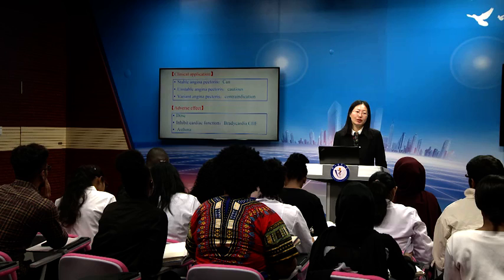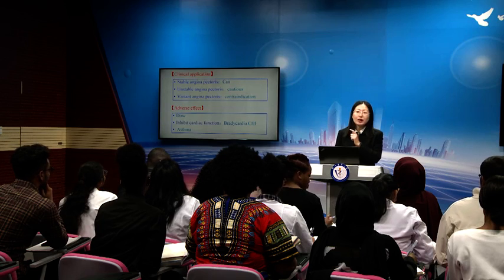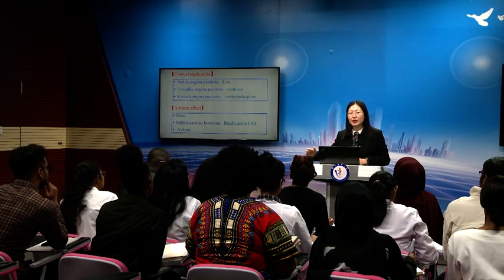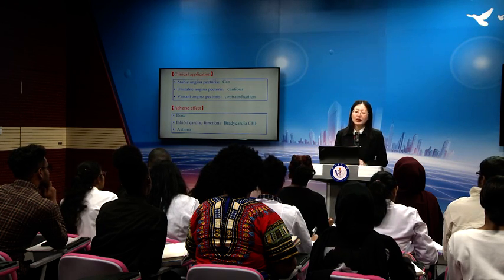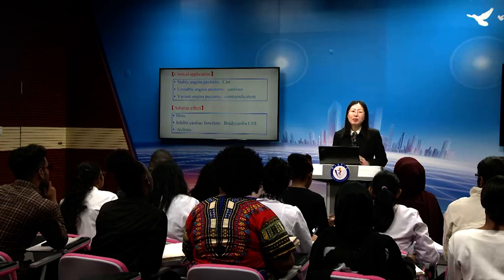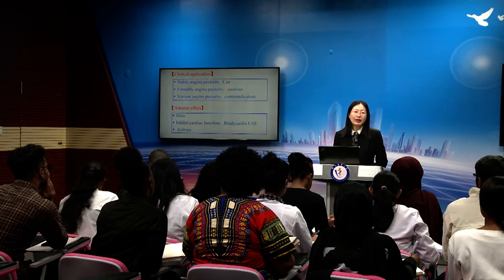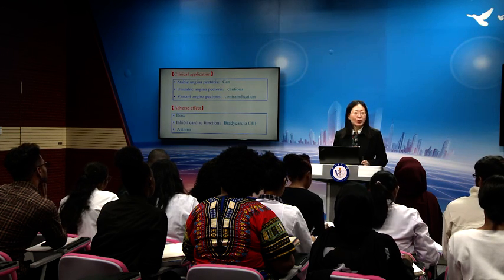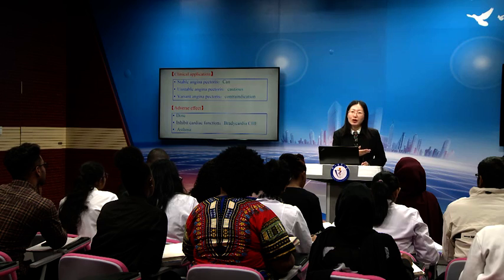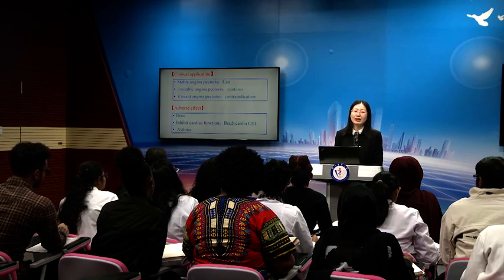For example, the dose: patients should gradually increase the dose, and if they want to discontinue the drug, they should gradually decrease the dose. Second, heart failure patients and bradycardia patients may have aggravated cardiac function, so it is contraindicated. And nonselective beta receptor blockers, such as propranolol, also block beta-2 receptors, so they may induce asthma. Asthma patients should be contraindicated.